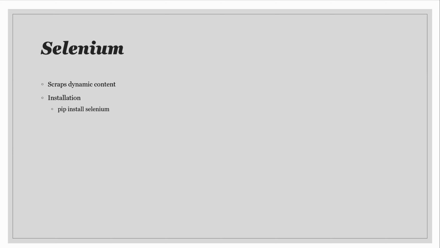So if you have a requirement wherein you want to extract dynamic content, then Selenium could be your choice. But one thing to remember is that as it runs JavaScript for every single page, you may see some performance impact or slowness. Still, it is a very powerful library for scraping dynamic content. You can get it installed using pip install selenium.